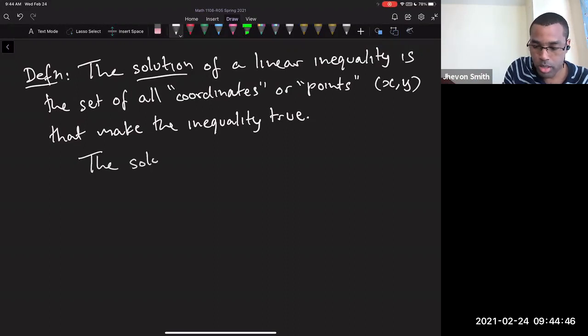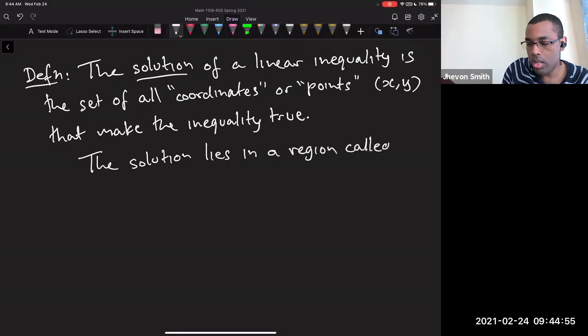The solution lies in a region called a half plane. People call it half space as well.